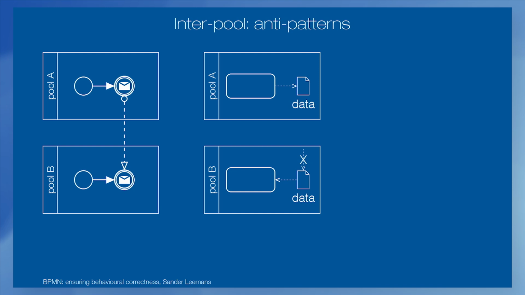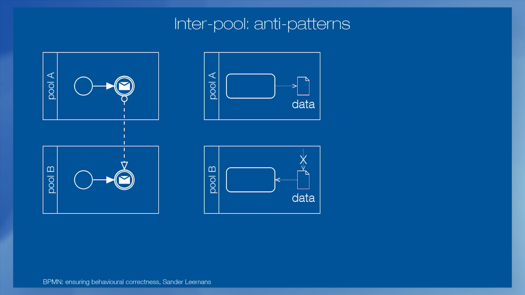A second anti-pattern for interpool communication is data. In this example, pool A produces a data object and pool B needs that data object. But data is limited to the pool it is in.